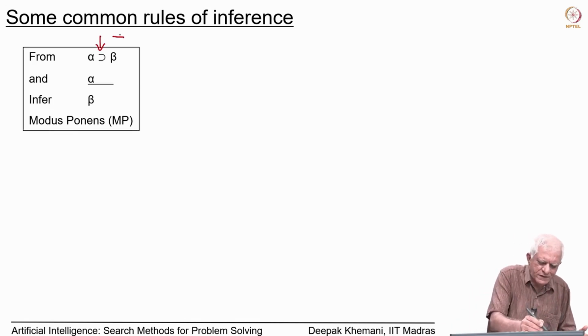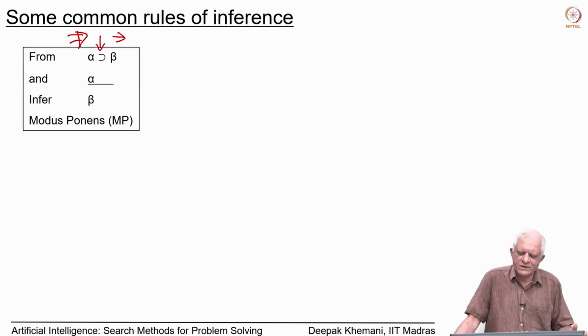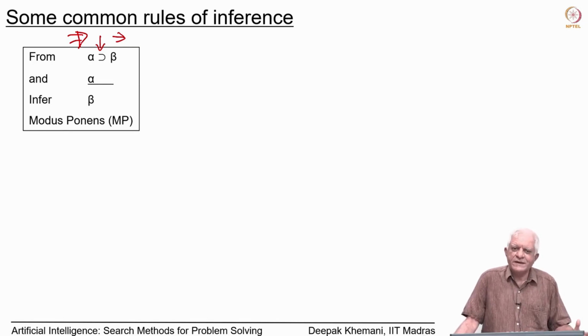Some books would use this symbol, some books would use that symbol, but it does not matter, it is all the same. It is a symbol which stands for the implication operator in logic. If you are given a statement which says alpha implies beta and if you are given a statement alpha, then you can go ahead and add beta to the knowledge base. So, that is the most commonly used rule of inference called modus ponens.